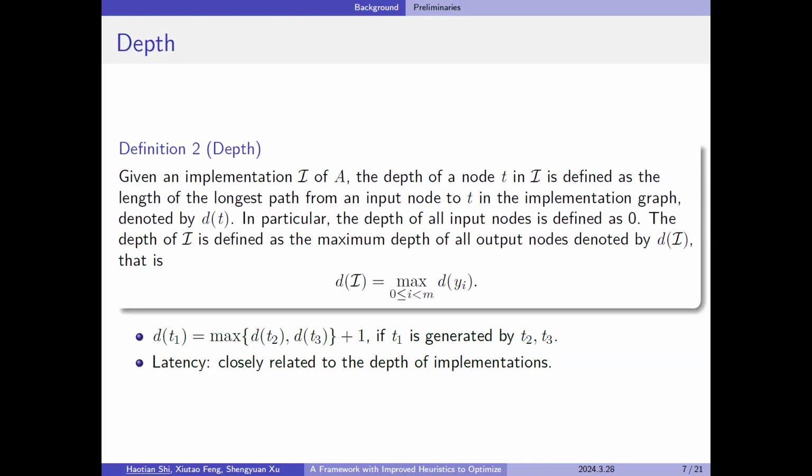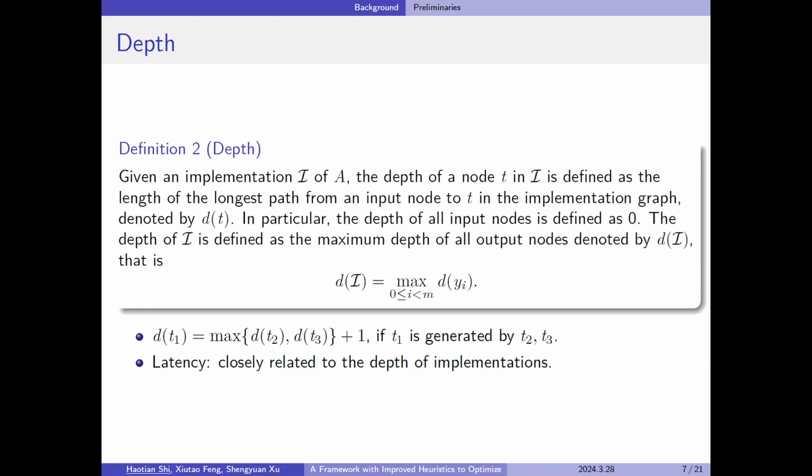Then there's another important metric, depth. Given an implementation, the depth of a node in it is defined as the length of the longest path from an input node to it in the corresponding implementation graph, denoted by d(t).